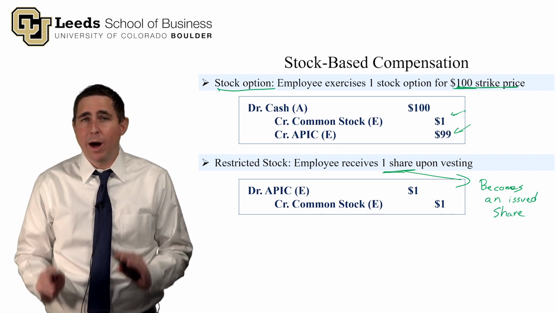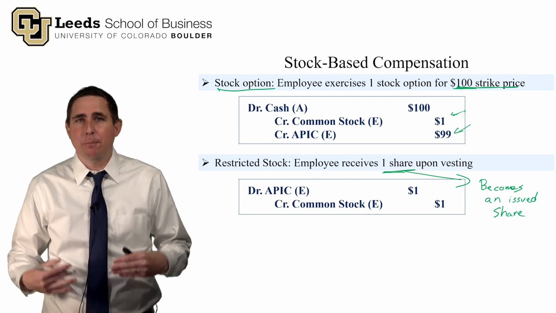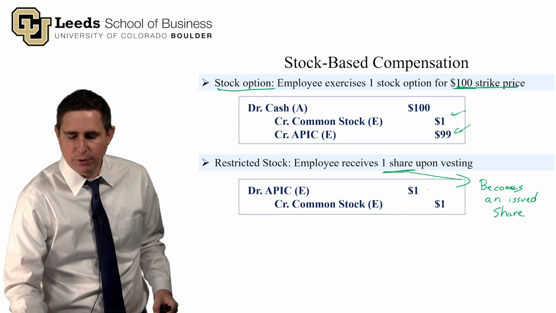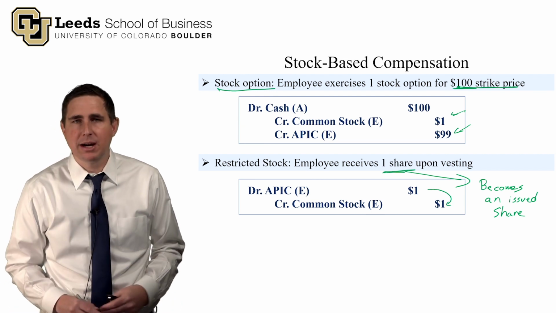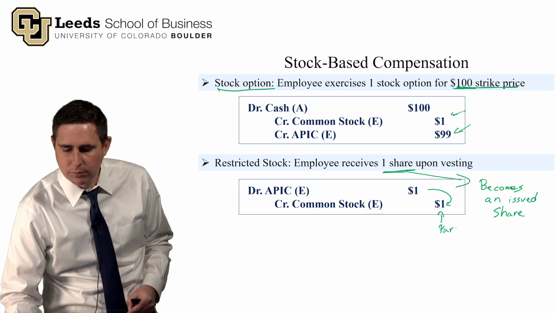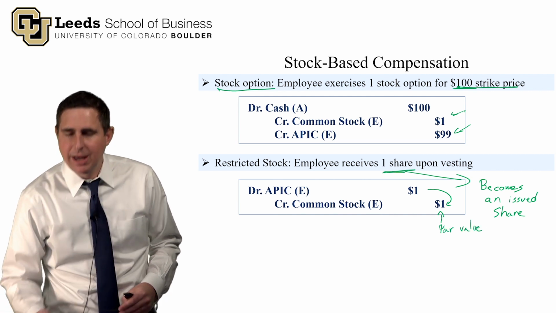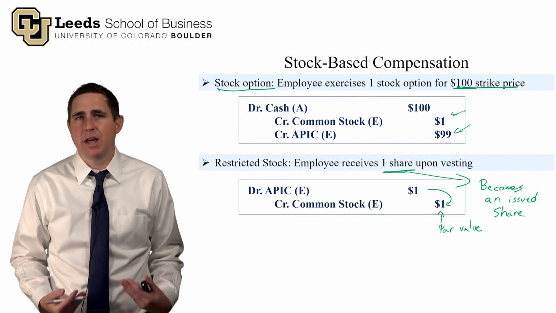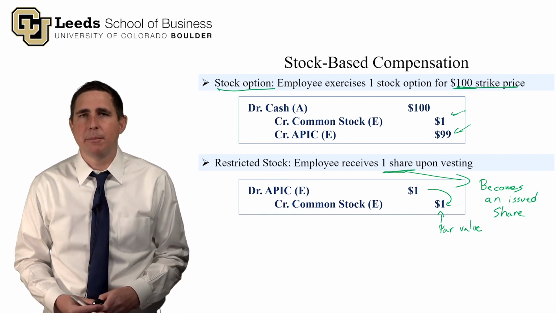And remember, we want our common stock account to reflect the par value of all of the shares that have been issued. And so we just transfer $1 from APIC into common stock because that was the par value. And that causes our common stock account to just hold the par value of all of the shares that have been issued in the lifetime of the company.